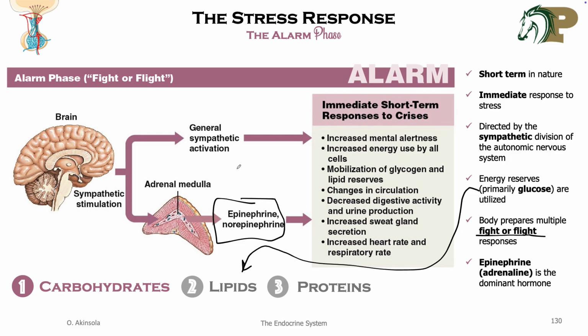Because of general sympathetic activation and the effects of epinephrine and norepinephrine, you can have increased mental alertness, increased energy use, mobilization of glycogen and lipid reserves, changes in circulation, decreased digestive activity, increased sweat production, and increased heart rate and respiratory rate. All of these are consistent with the fight or flight response. So when you think alarm phase, think fight or flight.